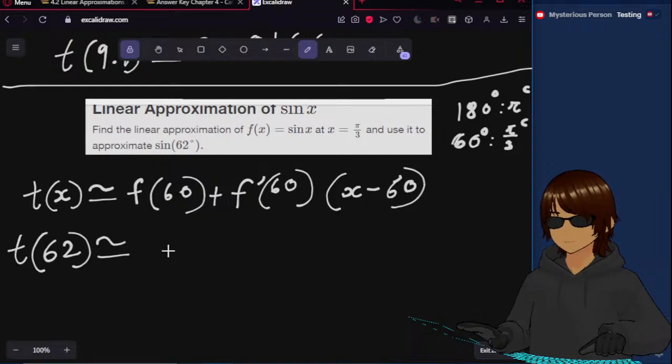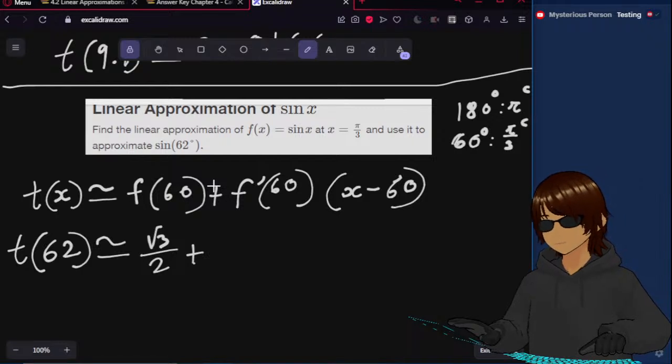Sine of 60 is root 3 over 2, and then the derivative is cos, which is half.